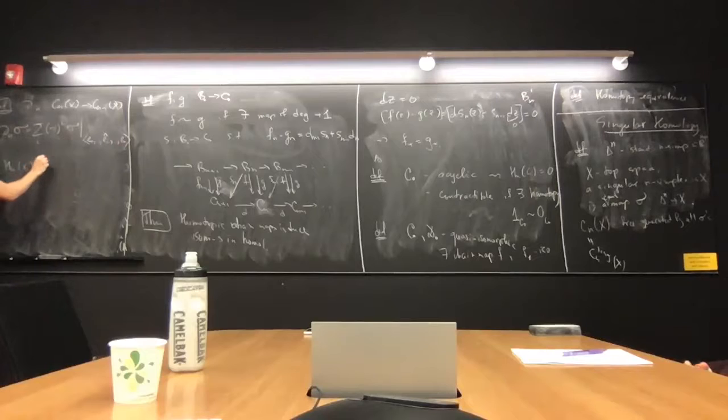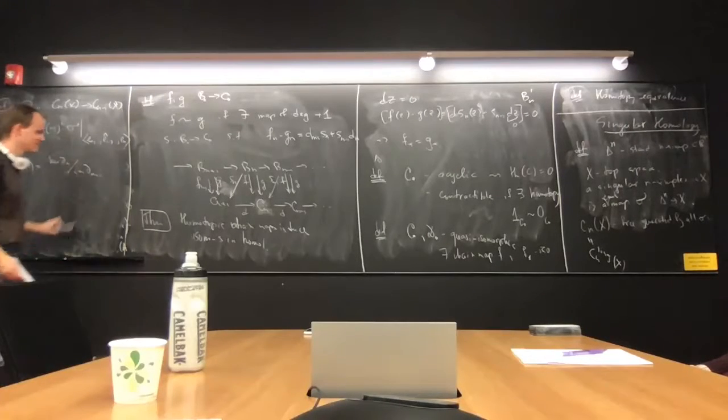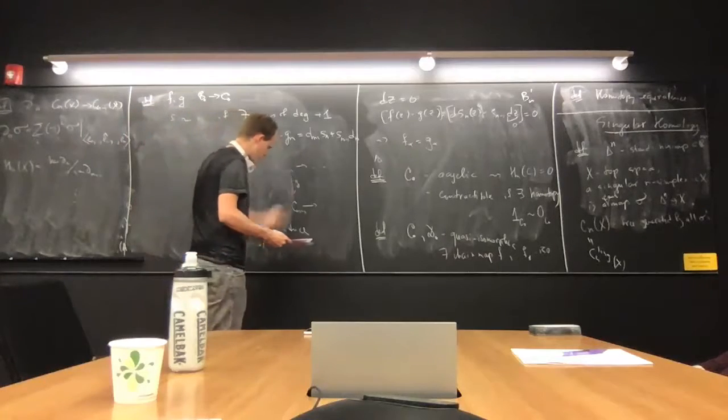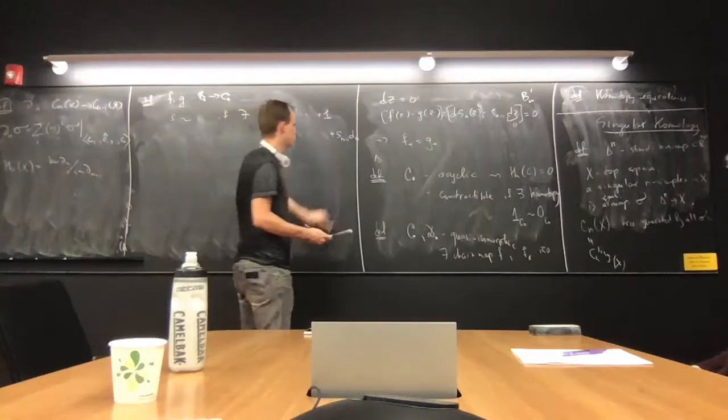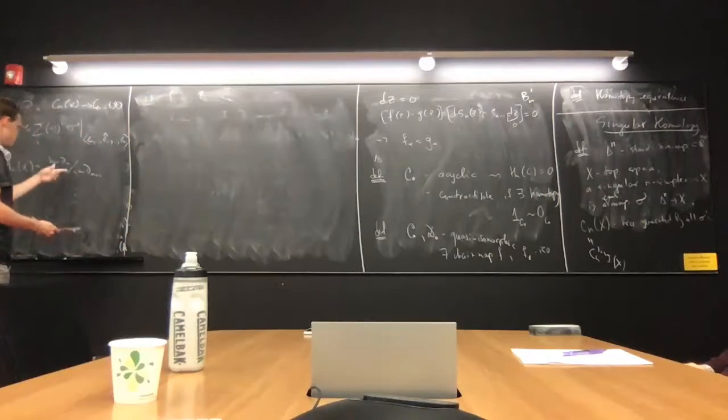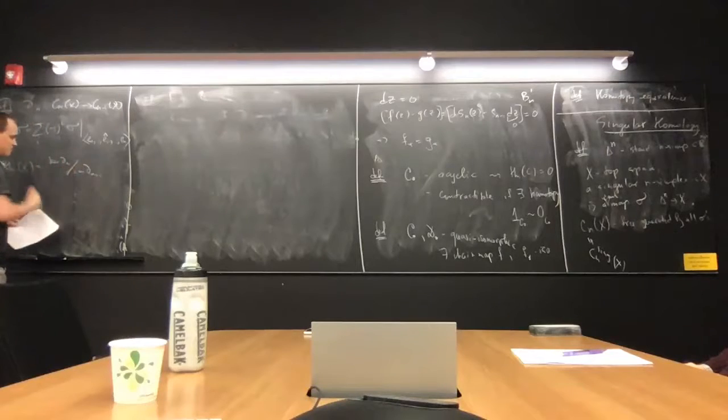So H_n of X is the kernel of d_n modulo the image of d_(n+1). The question is, these chain groups are of uncountably large dimension. What do you get as a result? Well, of course, in principle, you can always construct pathological spaces for which this is arbitrarily big.